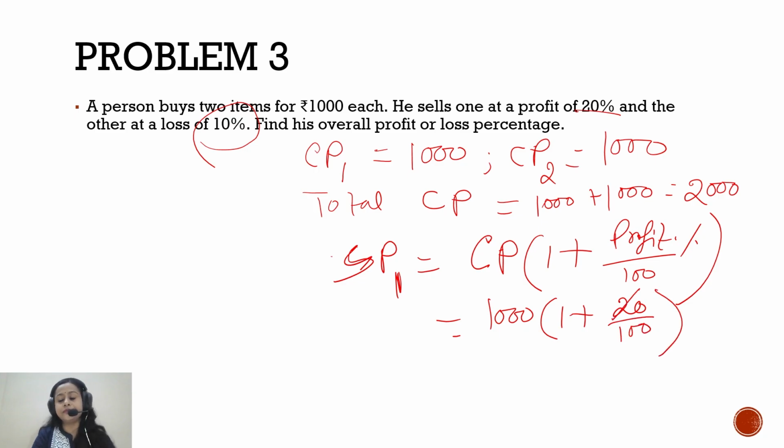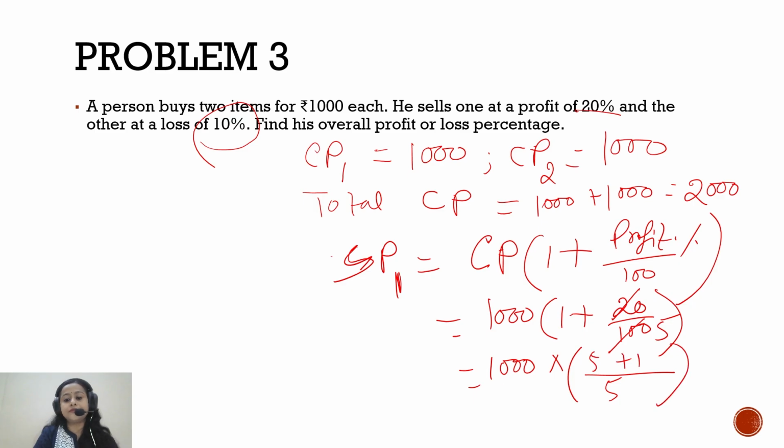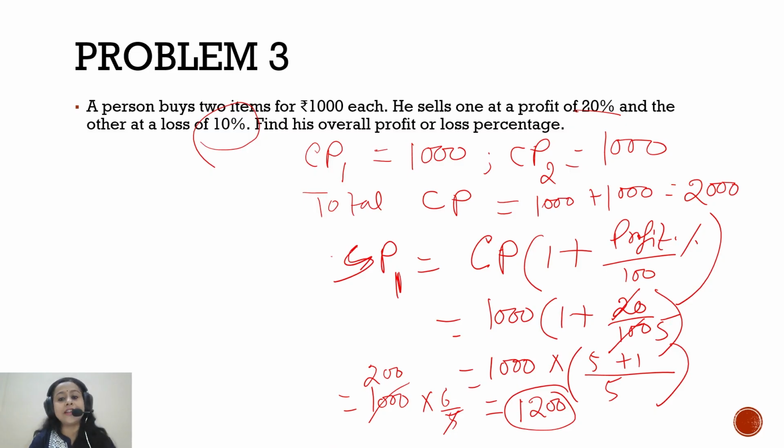So same, 5, so 1000 into 5 plus 1, which will give you 1000 into 6 by 5, and it will finally give you 1200. So selling price of first item is 1200 when he is earning profit of 20%.